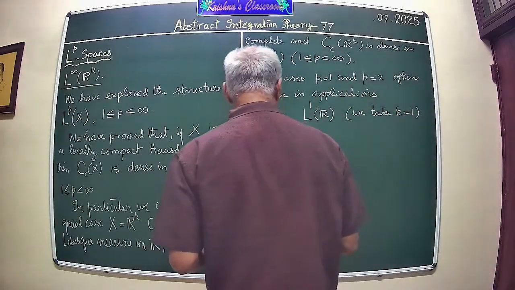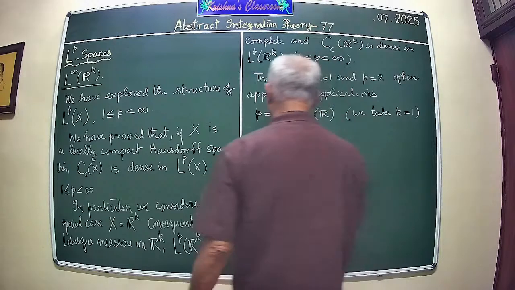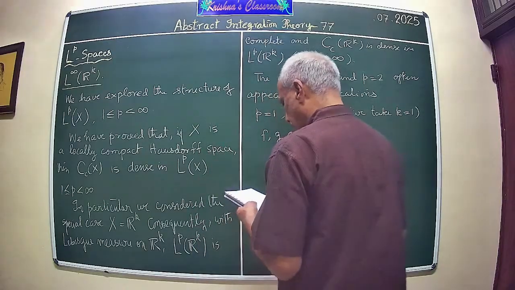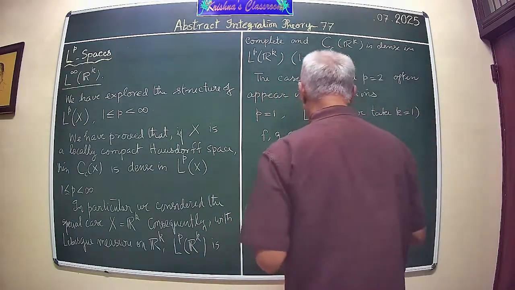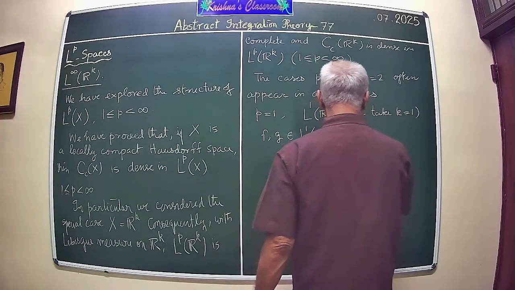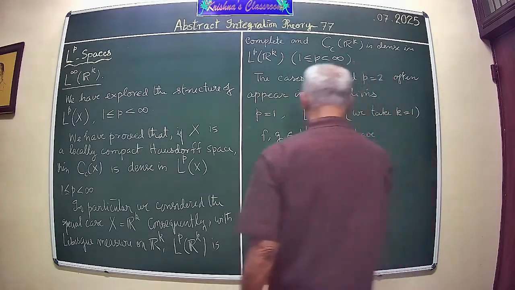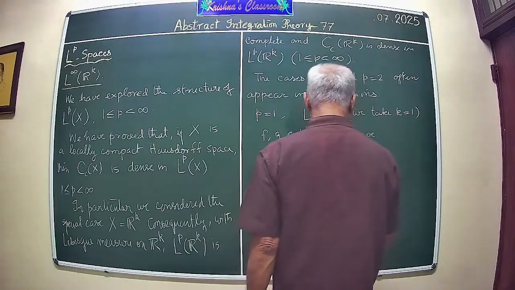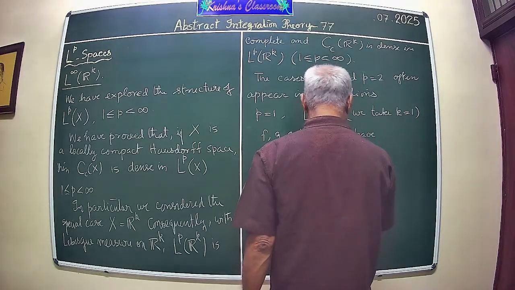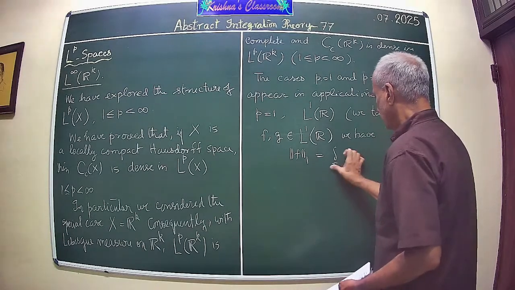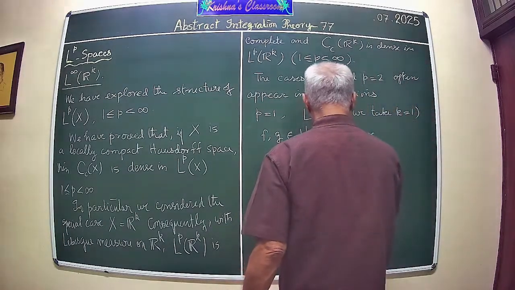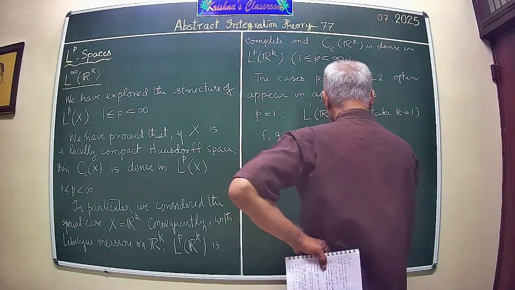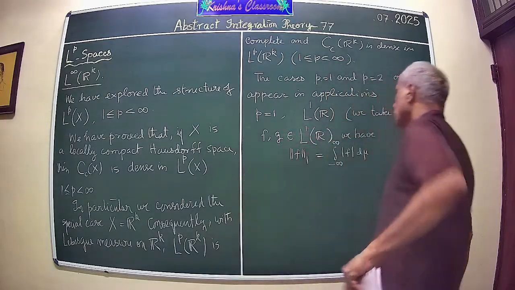So we have, for f, g in L1(R), we have d1(f, g) equal to the integral over R1, that is from minus infinity to infinity, of mod f minus g dv.